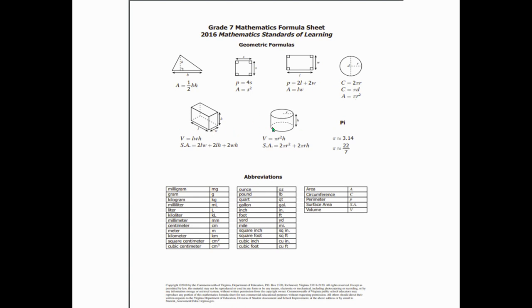On that second row there, we have volume for our rectangular prism, which is just a box, and surface area for a rectangular prism. Next to that, we have the volume of a cylinder, which is a can, and surface area for that cylinder. They're telling you when you need to use pi to use 3.14 or 22 divided by 7.